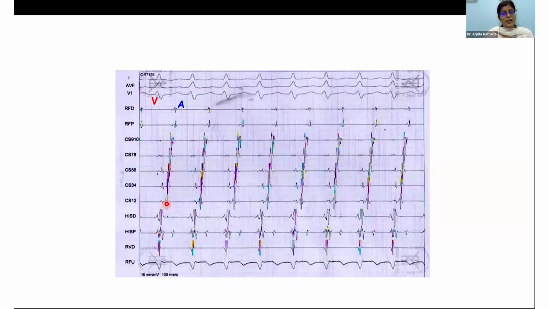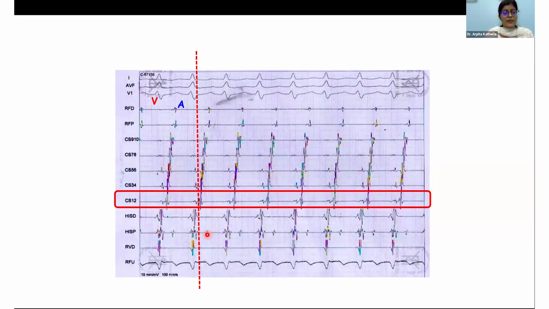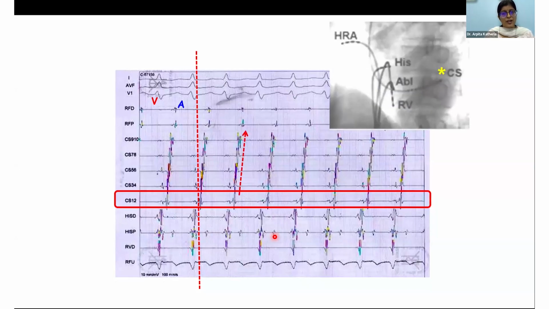We can say the earliest A is in CS 1, 2 and 3, 4, and then towards 9, 10. That means the left side is getting stimulated before the right side. And you can see the His bundle A is late. So CS 1, 2 is the earliest to get activated, then towards CS 9, 10, and the His bundle A is late. V and A are separated, so there is an eccentric conduction.